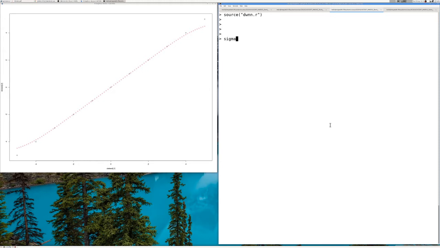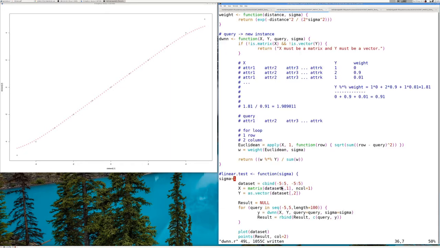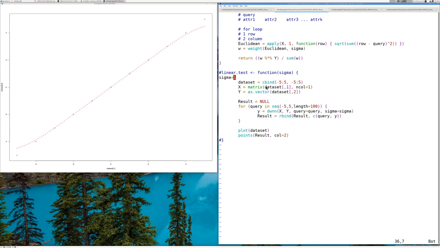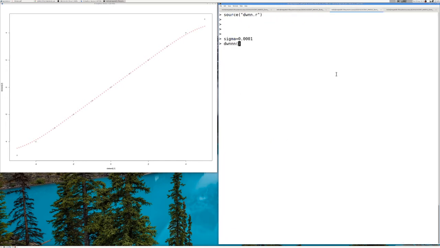Now I'm going to define my sigma equals to a very small number. And I will run my DWNN passing my parameters. Which are my parameters? I have the parameters here, x and y, because I commented the function, so the scope keeps my x over here and my y over here.